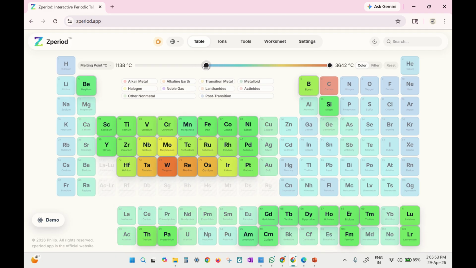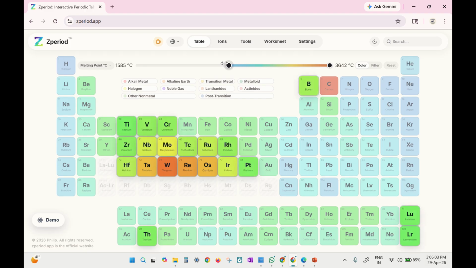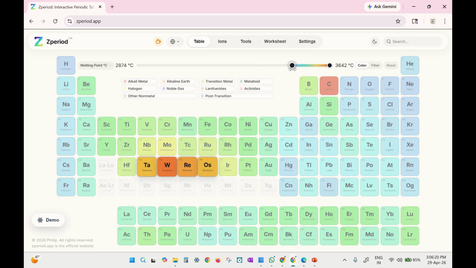Watch for iron. Iron is still solid. Now see, around this temperature, around 1498 roughly, you can't say exactly, all these are melting.